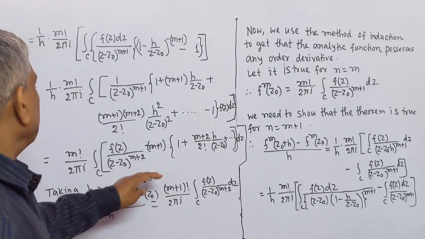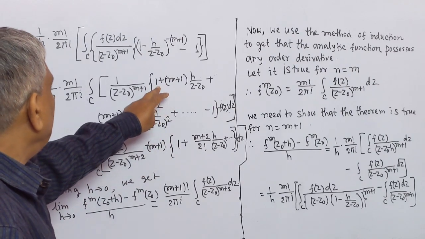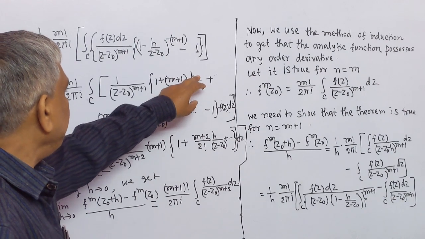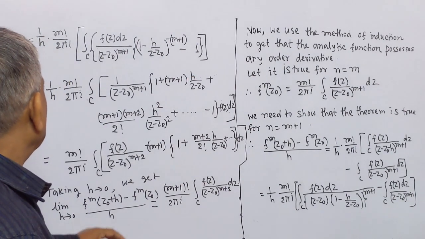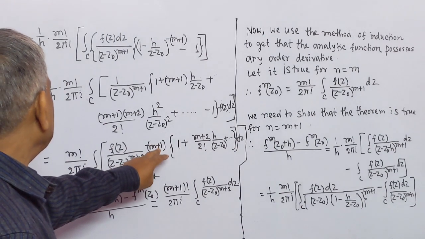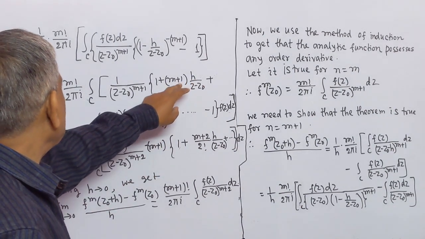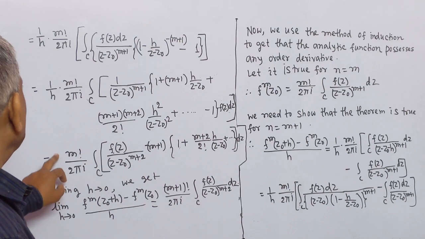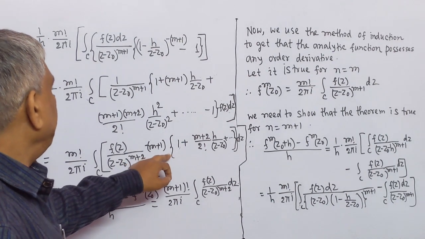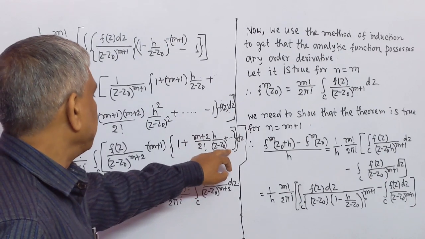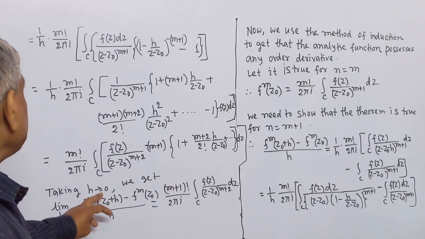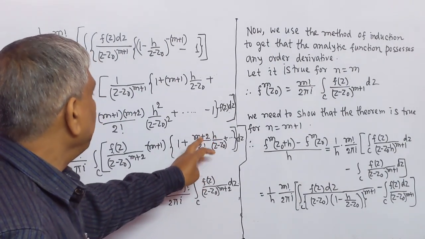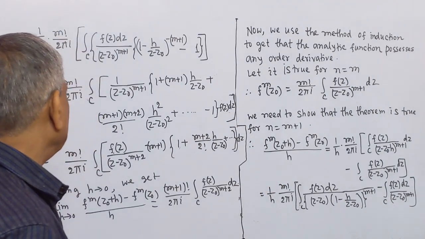Now we get that 1 cancels, and we take common m plus 1 and h. If we take h common, then this h will be cancelled, so we have no 1 by h, and we write the remaining things. Now taking h tends to 0, this part will be 0 and the other terms will also be 0.